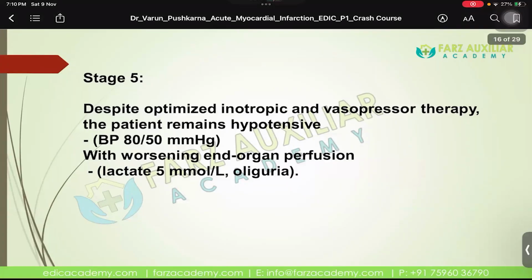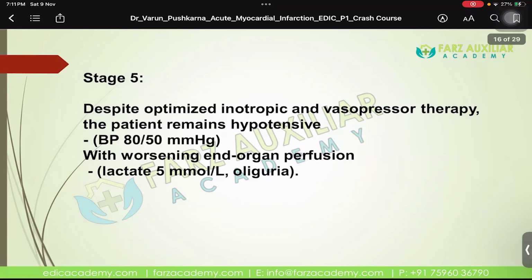Okay. So what did we do when the patient landed up in cardiogenic shock? We started the patient on norepinephrine and dobutamine infusions. We put the patient on NIV support, and then we will be waiting for the patient to improve. But on the other hand, despite these inotropic and vasopressor therapies, the patient still remains hypotensive.